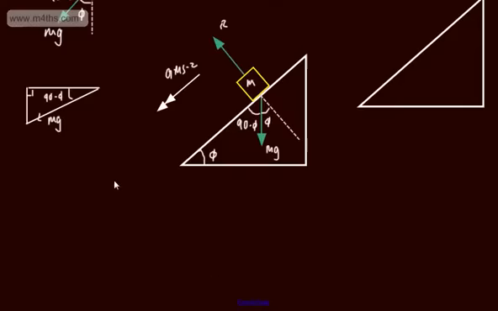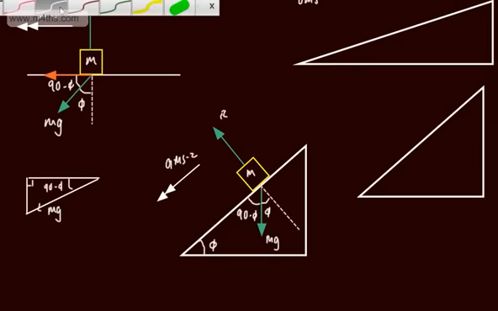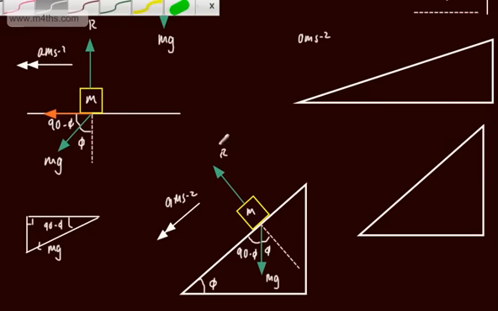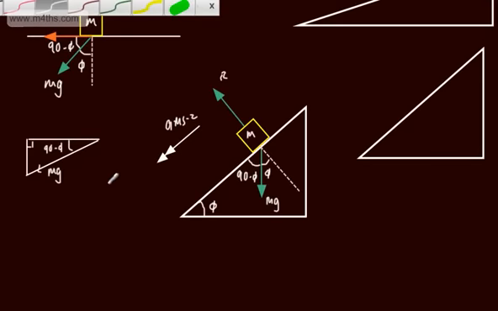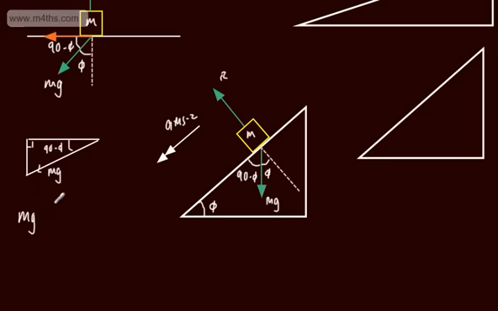So acting down the plane, we're going to have the component of the force, and that is going to be mg cos of 90 minus theta. Now just think about this, this is basic right angle trig. The adjacent is the cosine of the angle times the hypotenuse, and that gives me this orange part right here.